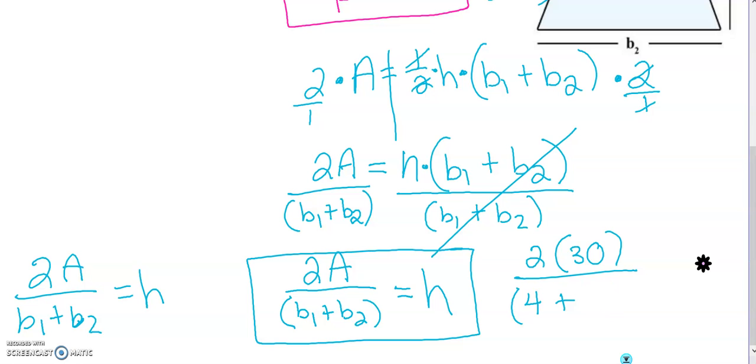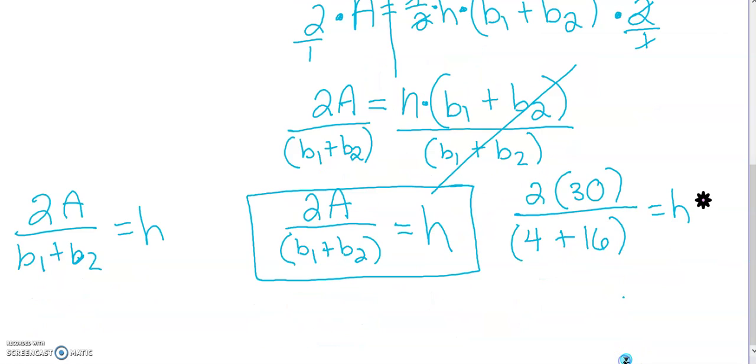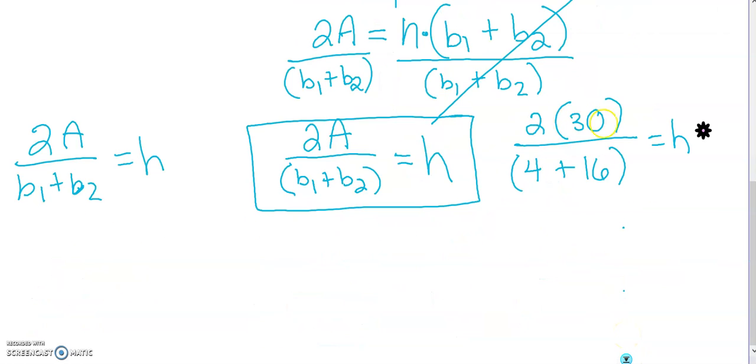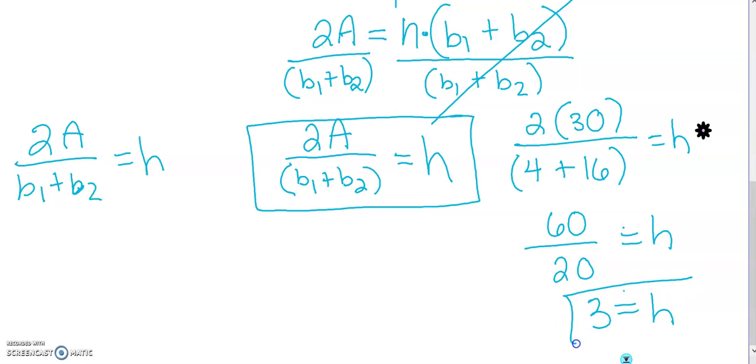Let me change that. Let's make the second base 16. Like that. And this is going to give me the height of my shape. Now it's just to simplify. 2 times 30 is 60. 4 plus 16 is 20. 60 divided by 20 is 3. The height of my trapezoid is 3.